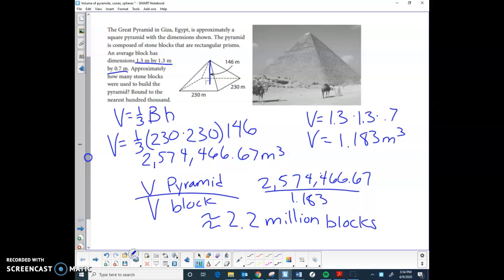It's rounded to the nearest 100,000, so this would be 2,200,000 blocks, so 2.2 million. So that's how you use the pyramid formula.